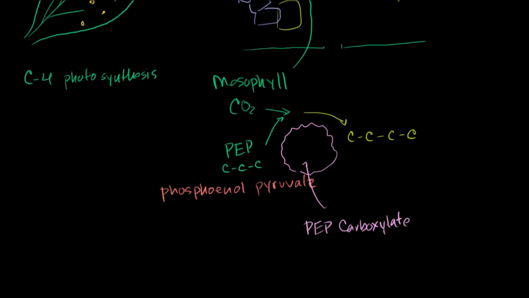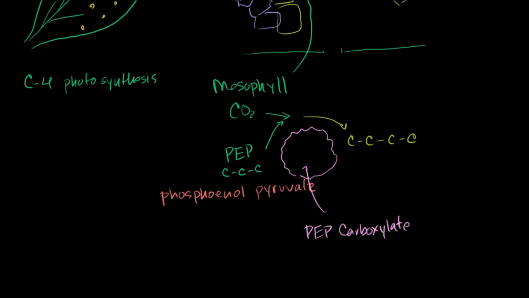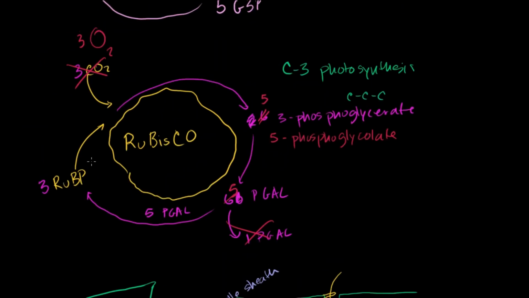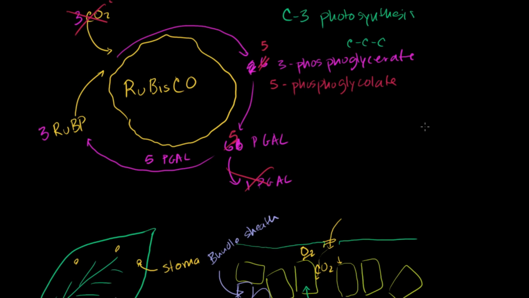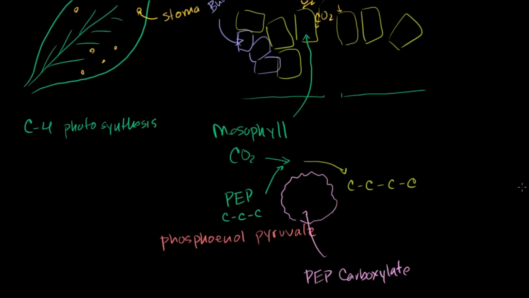Remember, Rubisco, or ribulose bisphosphate carboxylase, reacted ribulose bisphosphate with carbon, or oxygen, that's where that oxygenase comes from. But now we have something that reacts PEP, our phosphoenolpyruvate, with carbon dioxide. So it's called PEP carboxylase. Actually, this is carboxylase, not carboxylate. It's an enzyme.